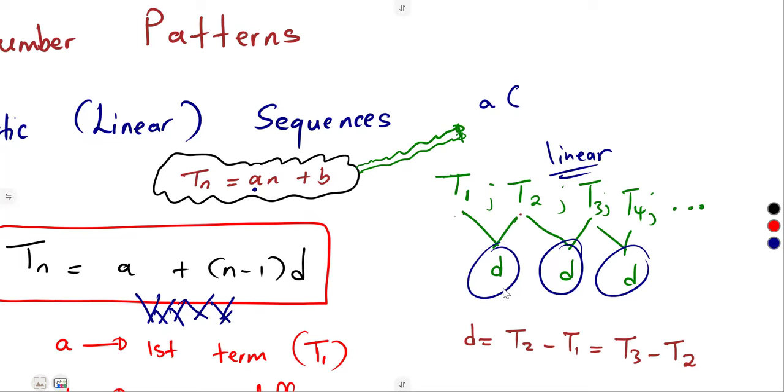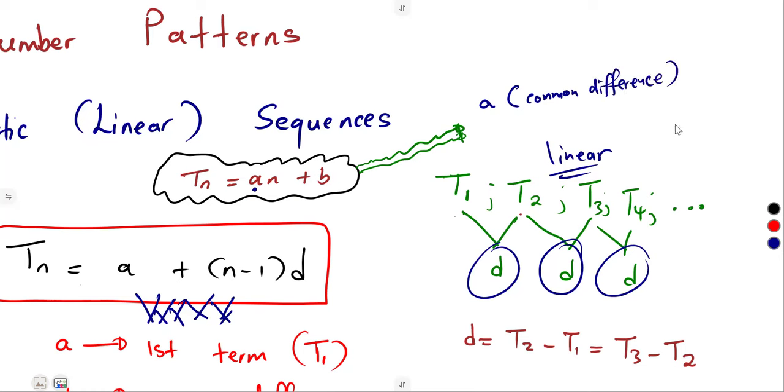Remember here we said when we are taking from this Tn, the d is the common difference. Here a is our common difference, if you are taking it this way.